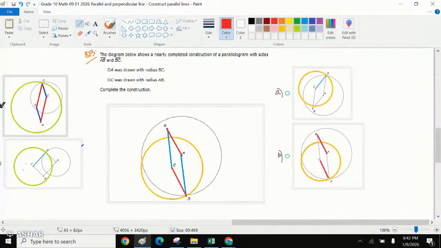So option number B is the correct answer. We can always complete the diagram also. Since option A was a totally different shape, it cannot be an answer for this question. So we click on option number B and it shows us it's correct.